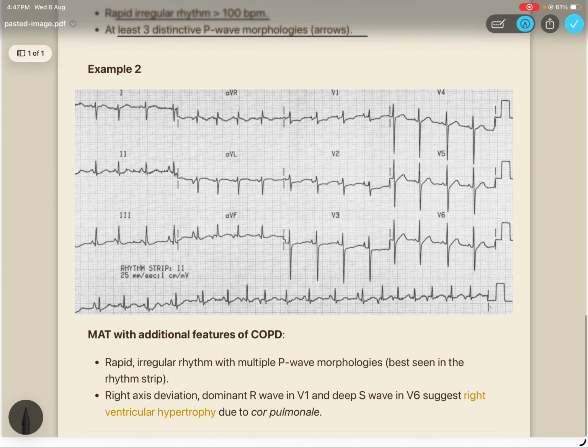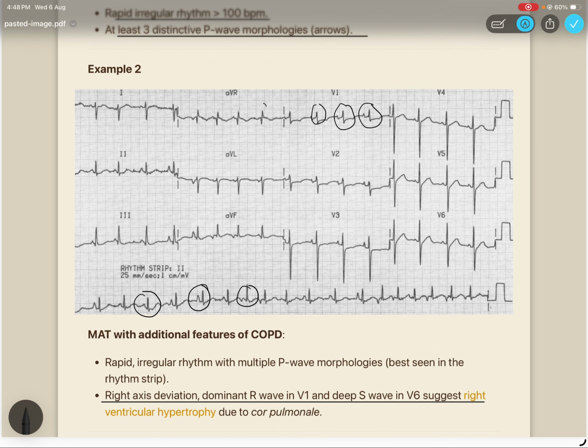One more ECG: irregular rhythm with different P waves, and also right axis deviation, prominent R wave in V1, deep S wave in V6, suggesting RVH. That was also one of the things that we can see for cor pulmonale. The QR complexes in aVR are also indicative of RV load.